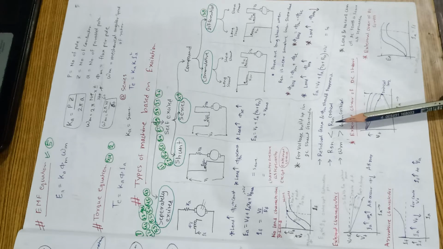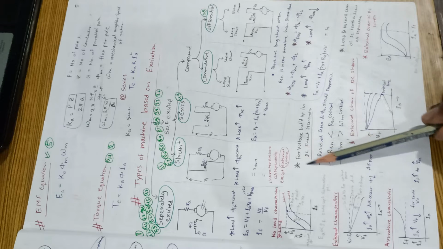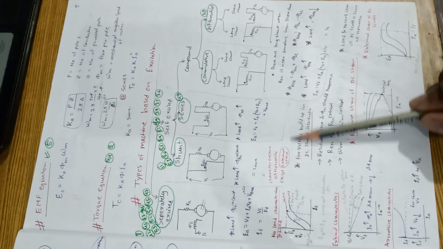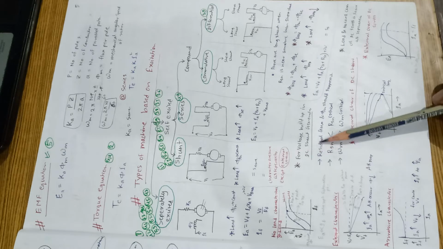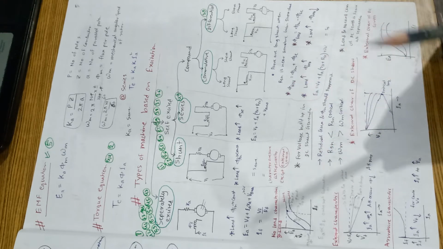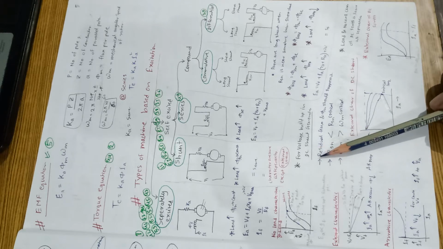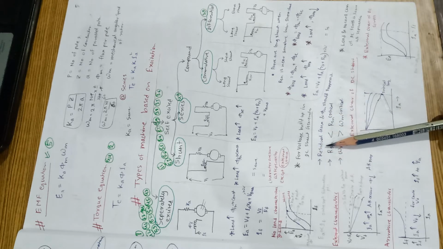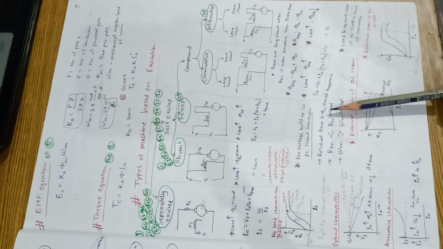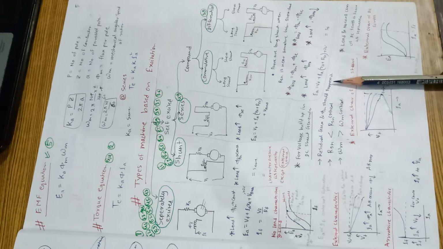Voltage build up in DC generator. This is a very important point we need to remember. What are the conditions for voltage build up in DC generator? The residual flux and field flux should support each other.